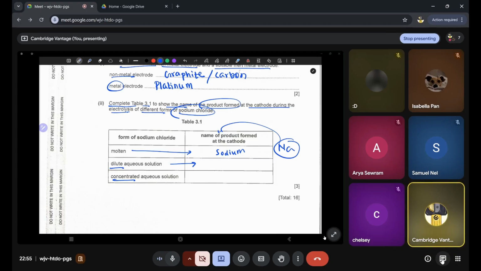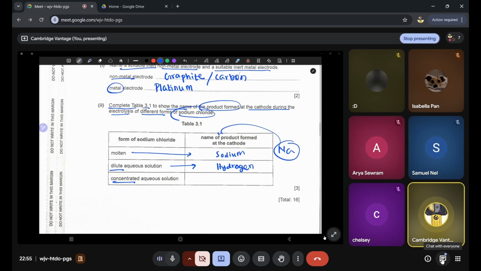All right. What about the rest? Arya, what should be the name of the product? Yeah, you are correct. It should be hydrogen. Also, apologies if I'm pronouncing your names incorrectly. Do let me know if I am. But yeah, okay. So that one is correct. All right, Sam. Now you can answer. What should be the product when concentrated aqueous solution is electrolyzed?